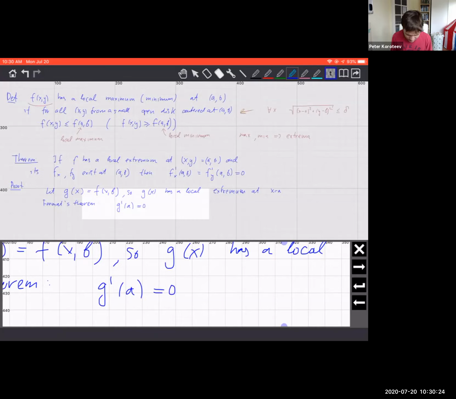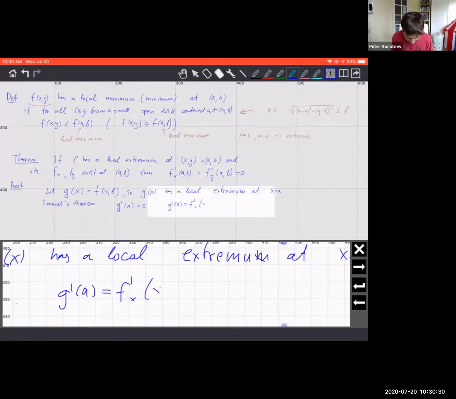But of course, g prime of a, by definition, is the partial derivative of f with respect to x at (a, b), right? By construction. So therefore this is equal to 0.